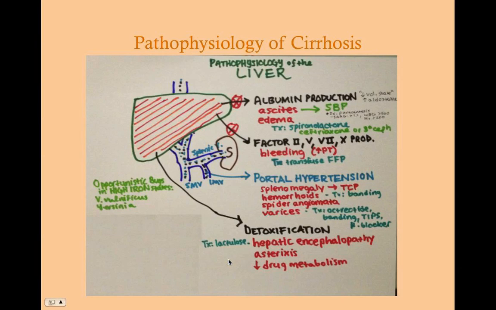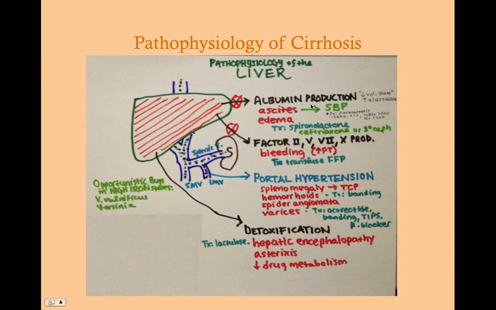Okay, so what's the pathophysiology of cirrhosis? So what happens when your liver becomes cirrhotic? Well, first off, you are going to reduce your production of albumin. Since your liver is cirrhotic, your albumin production is going to decrease. Albumin, remember, is responsible for maintaining oncotic pressure.